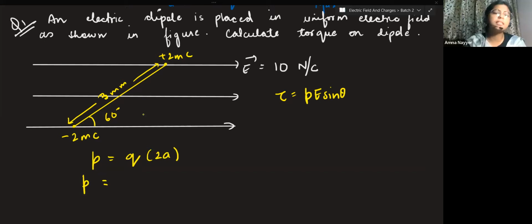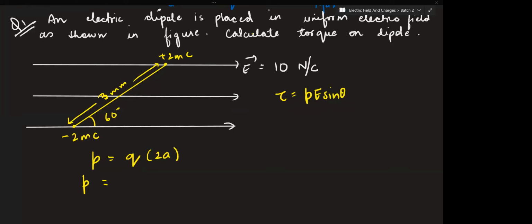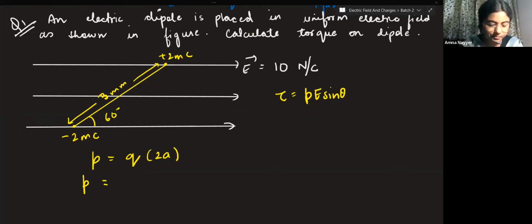Hiba, now answer. What is the charge that I should take? Minus 2. Only minus 2 coulomb? There's something else with it as well. Just look, it's not minus 2 only.